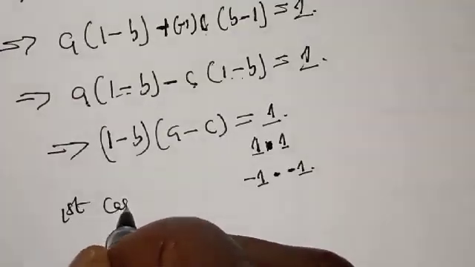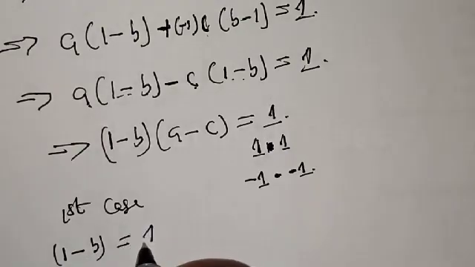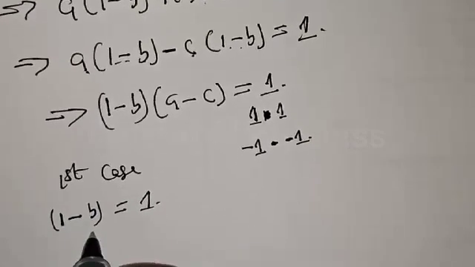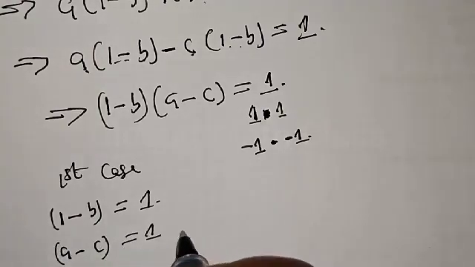First case, we have 1 minus B equal to 1, A minus C equal to 1.